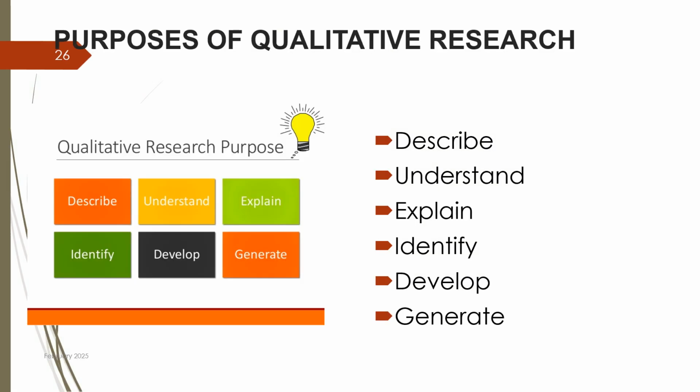This slide talks about the purposes of qualitative research. Qualitative research aims to describe a particular phenomenon or event, to provide a description for this particular issue, so you are going to understand.